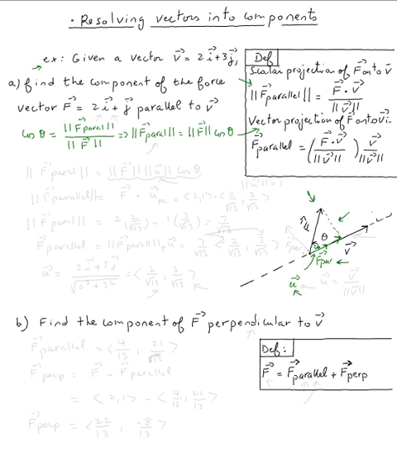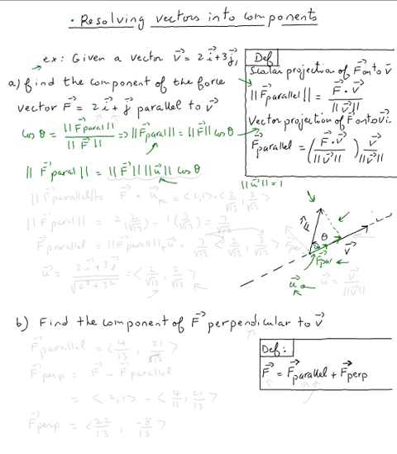Since u is a unit vector, I could say the magnitude of F parallel is equal to the magnitude of F times the magnitude of u, the unit vector, times cosine theta. Remember, this is just 1. I'm multiplying by 1. The magnitude of u is equal to 1. I can multiply by 1, nothing happened.